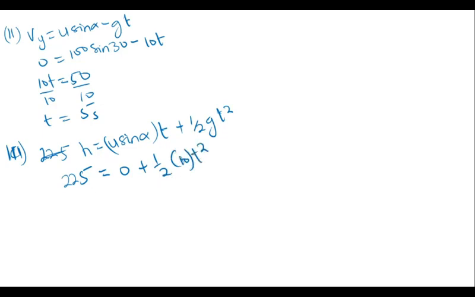Solving for t, 225 is equal to 5t squared. We divide by 5, then t squared is equal to 45. Taking the root of 45, we have our time to be 6.71 seconds.